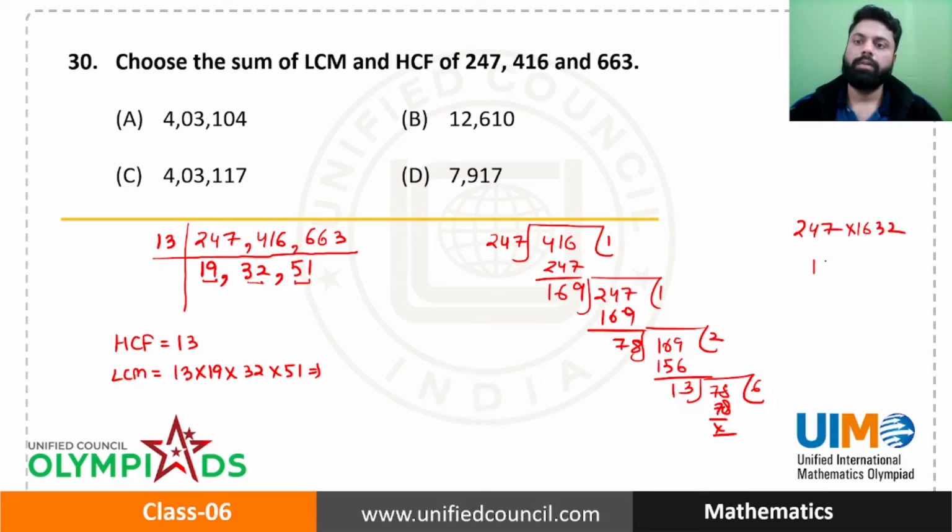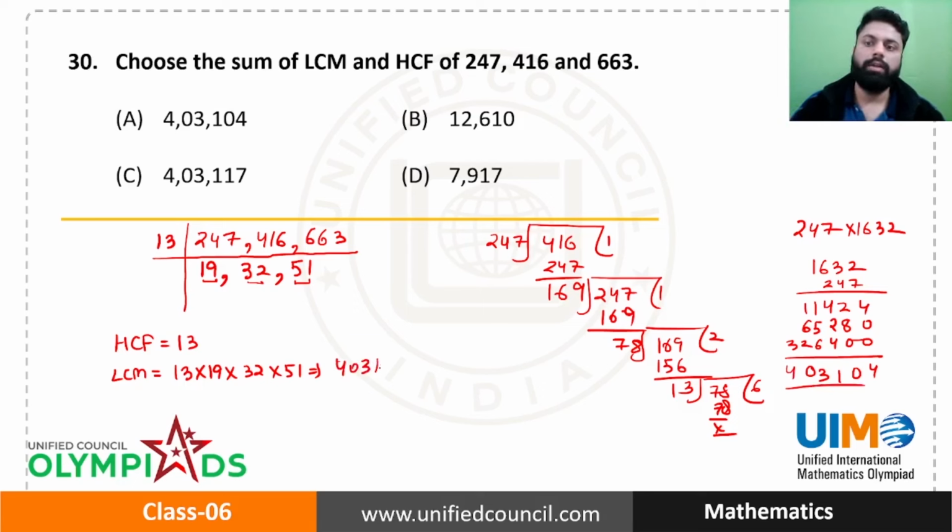Now 1632 and 247, let's multiply. This gives 403104.